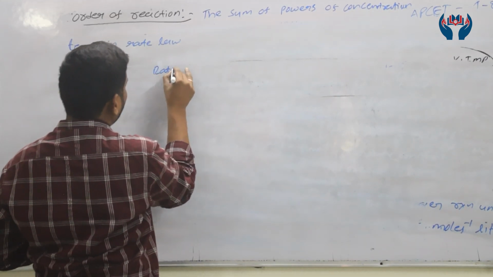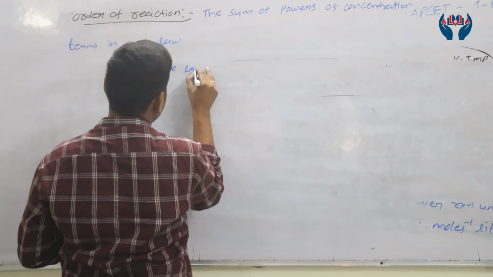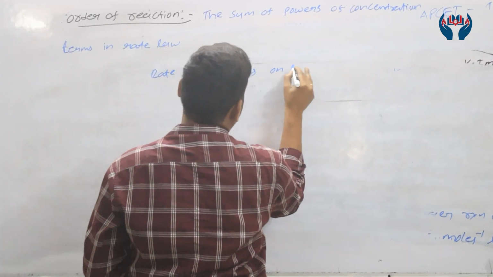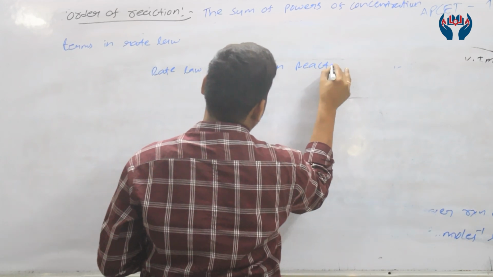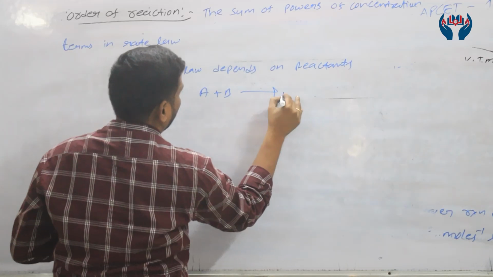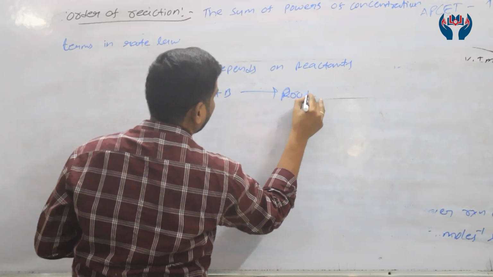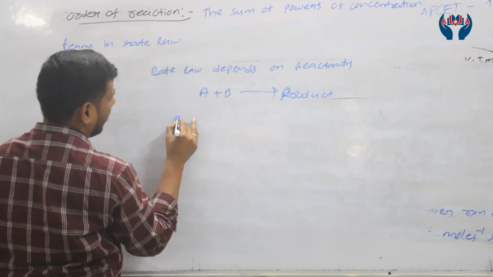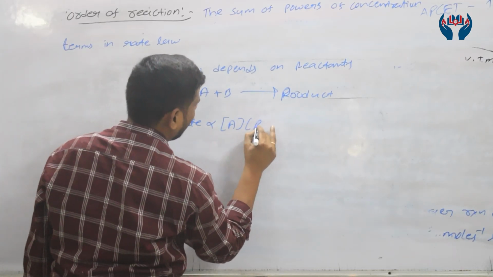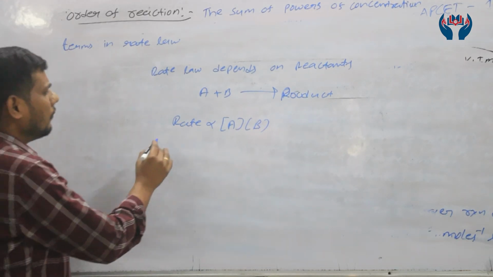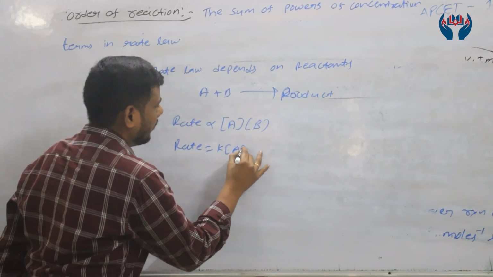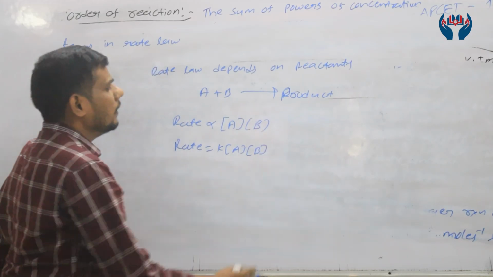The rate law depends on the reactants. For example, the rate law depends upon only the reactants. Then the rate equals K into A into B. What is the order?